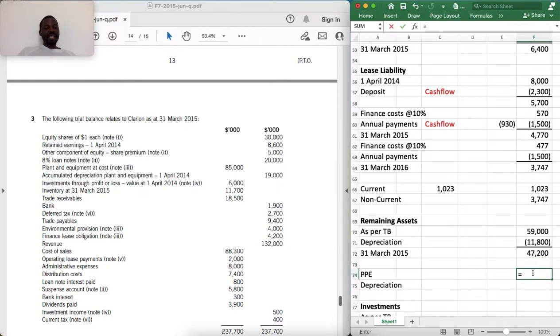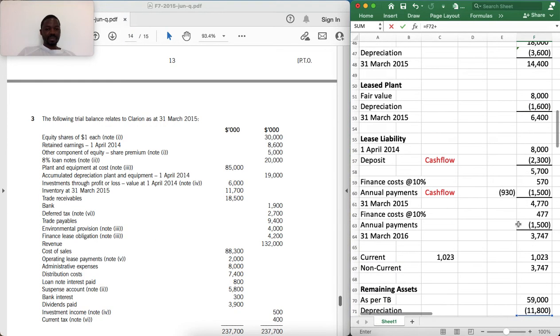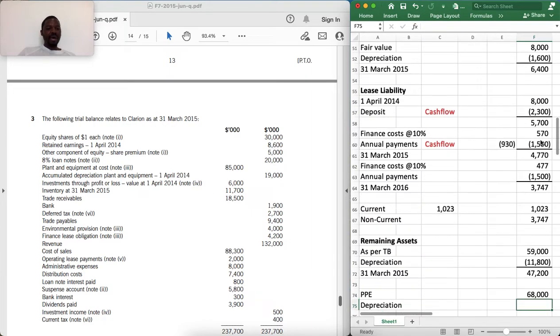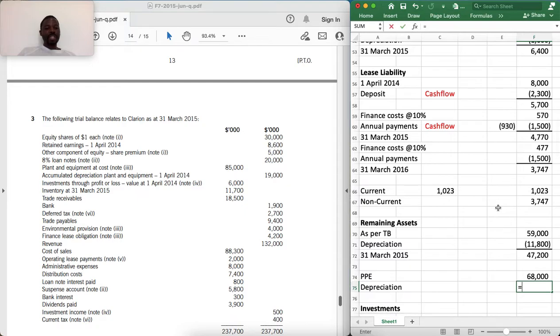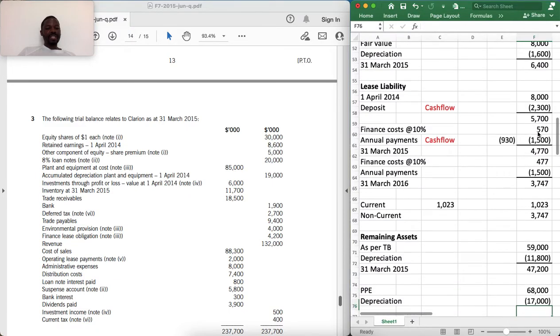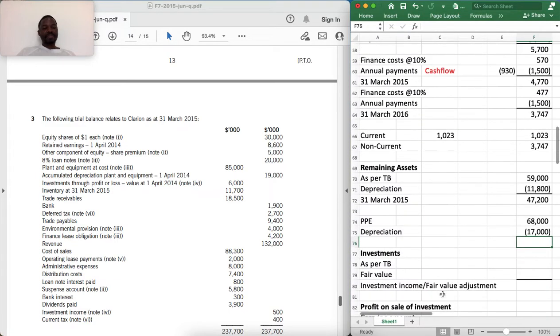Our PPE, these remaining assets plus 6.4 leased plus the 14 plant and equipment acquired. We get that 68. Then the depreciation for the year, we take this for the remaining, we add for the leased, we add that for the first asset, we get that value like that.